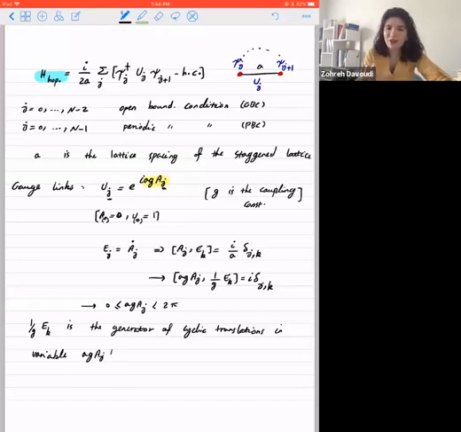And if you remember from quantum mechanics, this is nothing but a quantum rotor. It's a 1 plus 1D case with this particular commutation relation. So it's not quite a harmonic oscillator, but it's a quantum rotor.